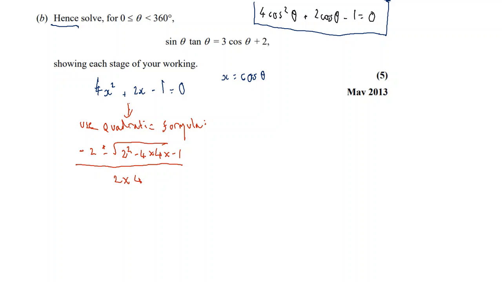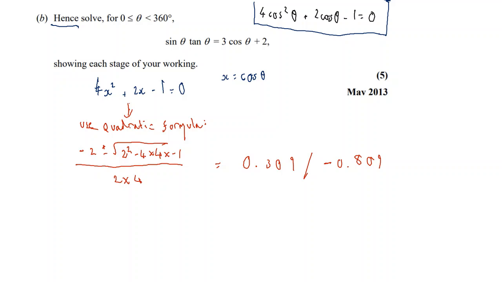Putting that into my calculator gives 0.309, and then the other solution is minus 0.809. So, bearing in mind we made our substitution earlier, these are our values for x.